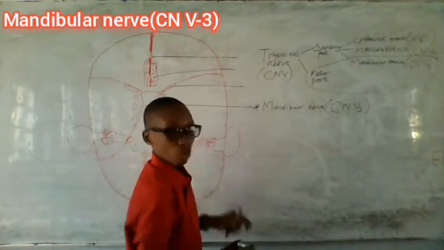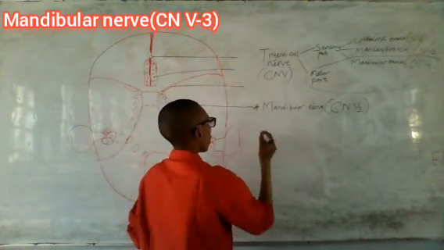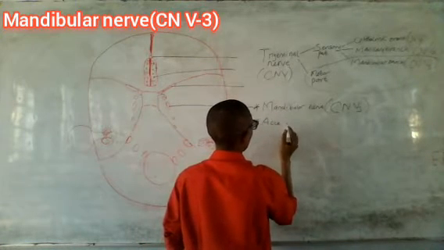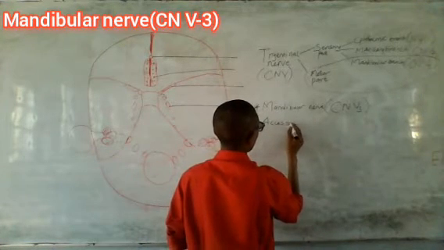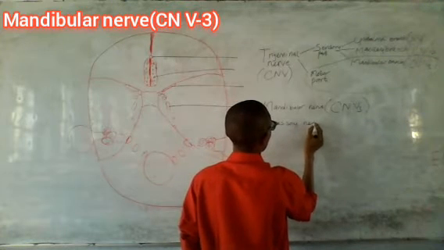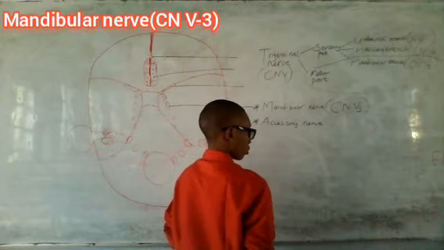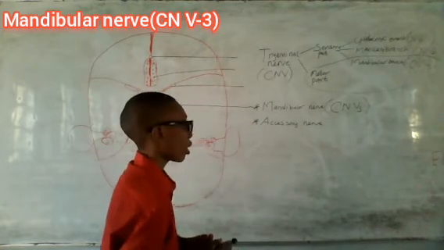Another structure that will pass through it is the accessory nerve.